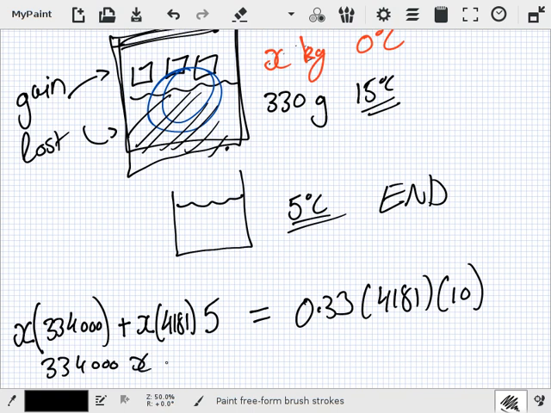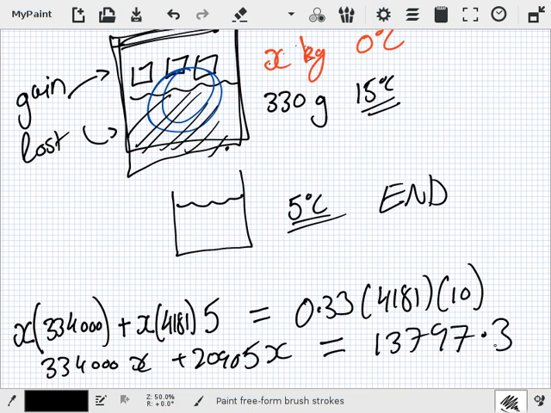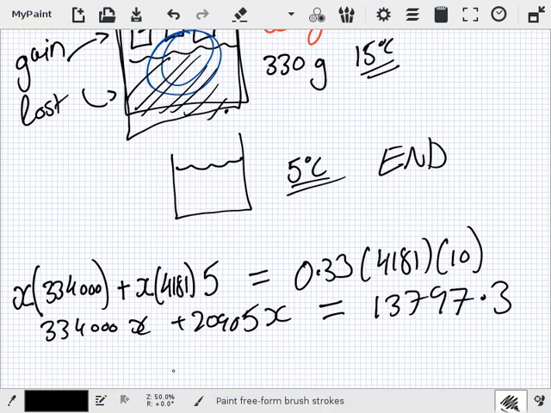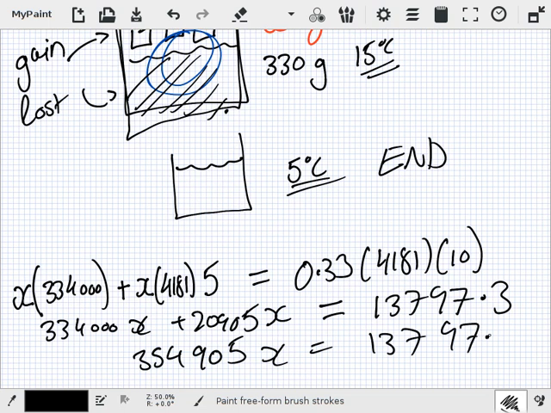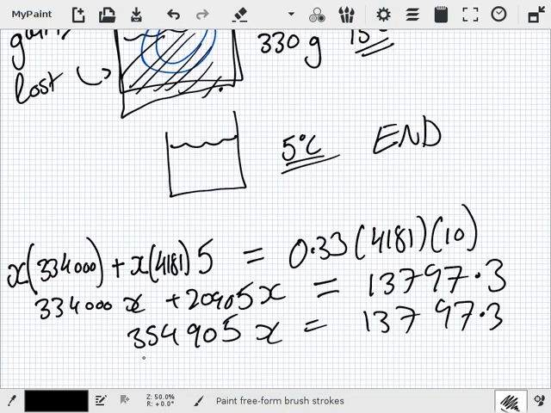That will be 334000x. Siba, can you tell me what 5 times 4181 is? And Mark, could you multiply these three numbers, please? 20905 x. And then, can you add these two numbers together? 354905 x equals 13797.3. So maybe Chow, you could just divide this here at the end.